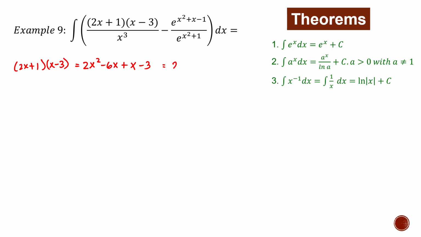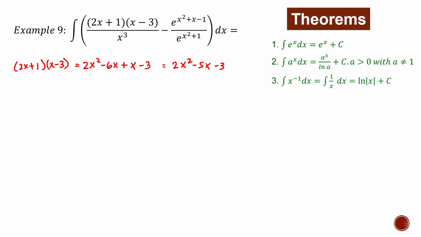And this is equal to 2x squared minus 5x minus 3. Okay, so this term, the one on top, is just equal to that one.